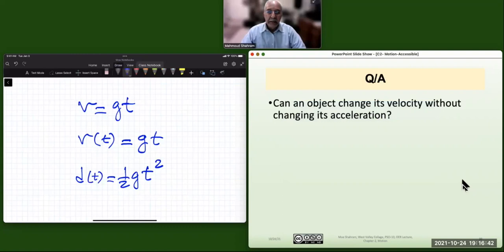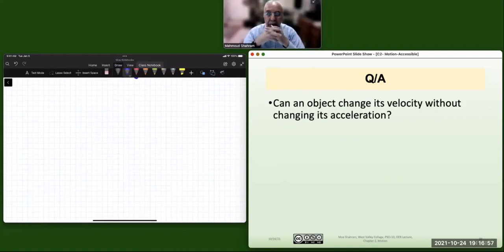Now another question that we should ask is, can an object change in velocity without changing its acceleration? Think about it. The velocity of an object will change, but its acceleration remains the same. Well, if you think about it, when you toss a ball upward, think about what happens to the velocity.